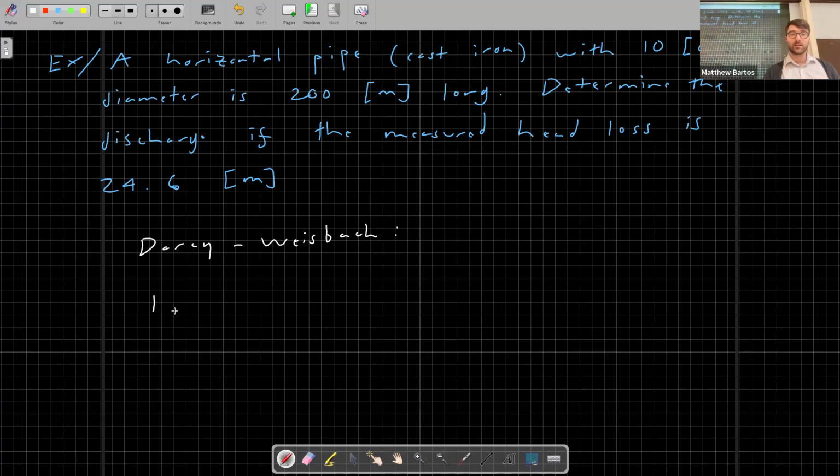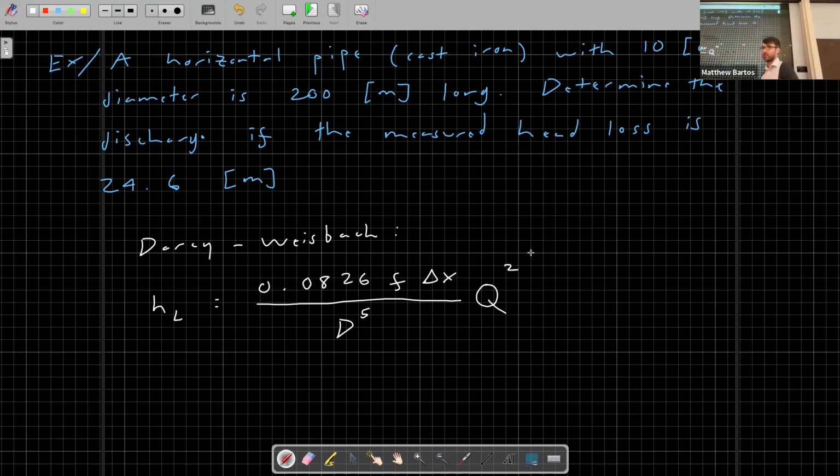So let's write that down. Our head loss is equal to 0.0826 times our friction factor F times the length of the pipe, which I usually call delta X, divided by the diameter to the 5th power, all times Q squared. So M as in Mountain, our exponent, is 2.